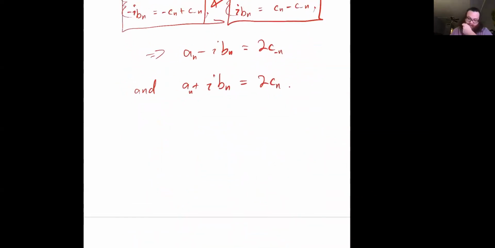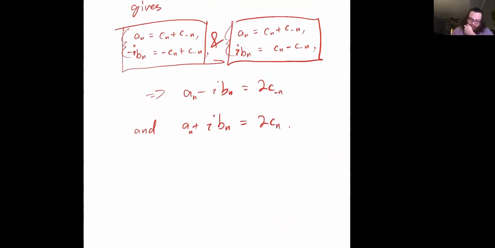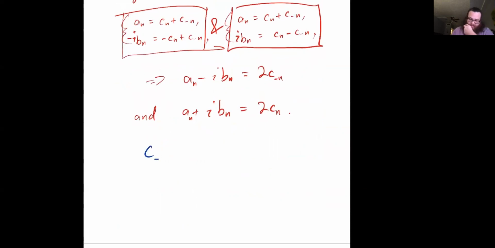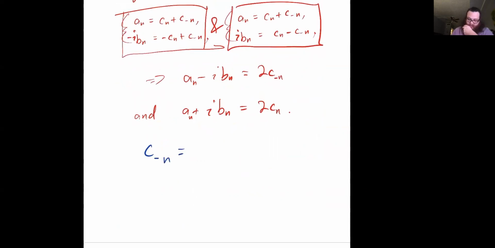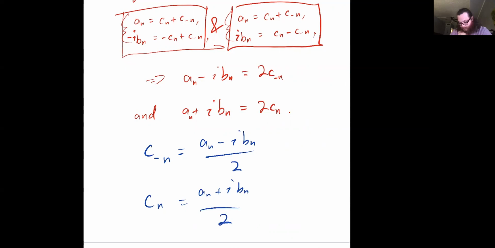So then we might say, C sub minus n is going to be (A sub n minus i b sub n)/2, and C sub n is equal to (A sub n plus i b sub n)/2.